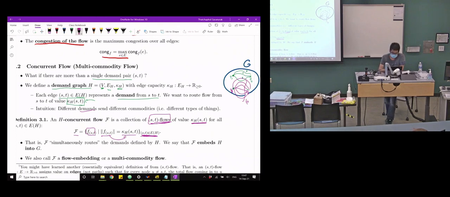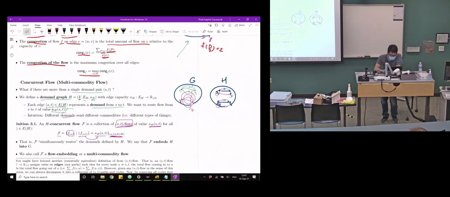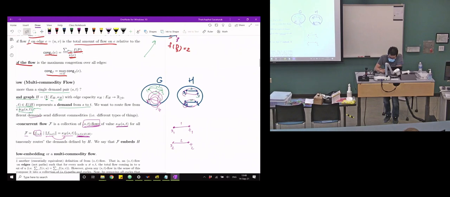Let me give some example. Let's say the graph H is again just two demands. This is 1, this is 2.